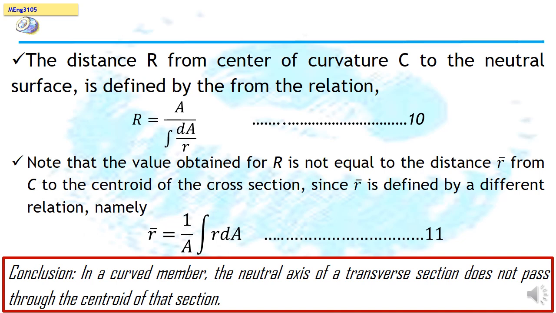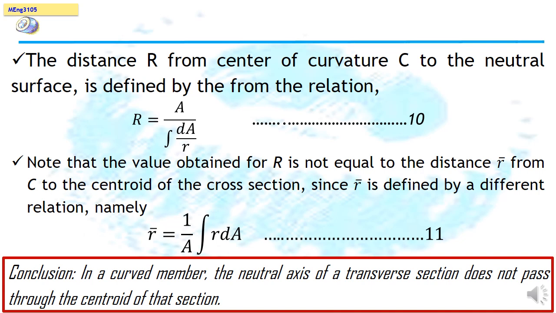This is an expression of the distance of the neutral surface from the center of curvature. And the centroid is given by how much? The integral of r dA divided by what? Total area. This is a thing that you know in mechanics of materials. You see? Are the two equations the same? No, they are not the same. This is the centroid. And this is what? The distance of the neutral surface from the center of curvature.